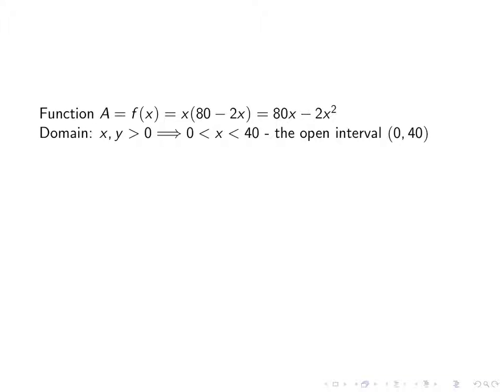Take note that the domain is x and y are both greater than 0, and what that means is that x is between 0 and 40, thus the open interval 0 to 40. To find the critical number, you look at f prime, which is 80 minus 4x, differentiating f of x, and that tells you immediately that x is equal to 20.